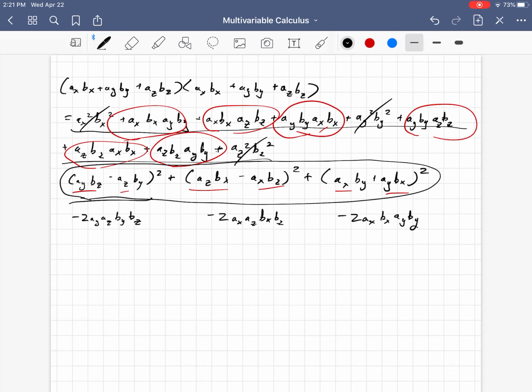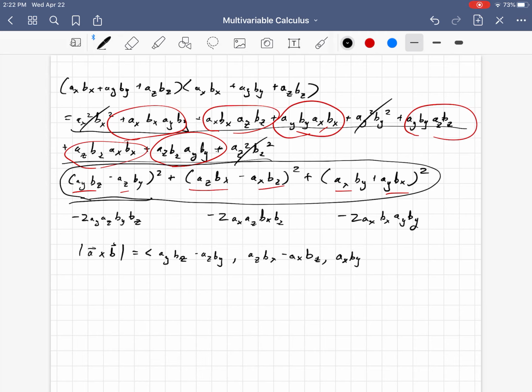And so that would imply that the area of the parallelogram itself, which is the magnitude of vector A cross vector B, would be this.